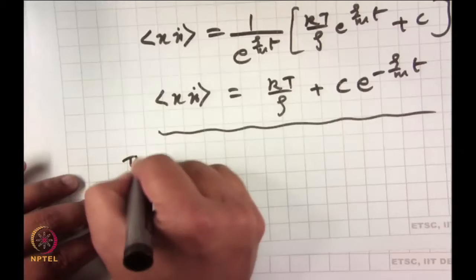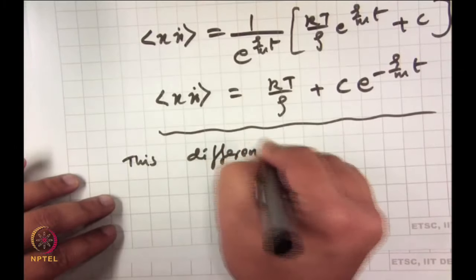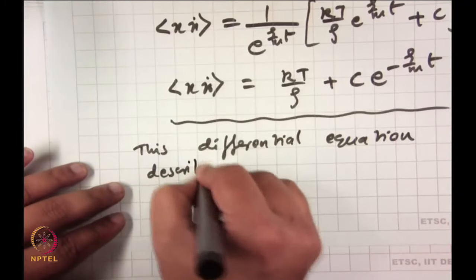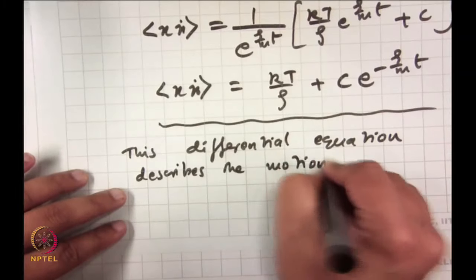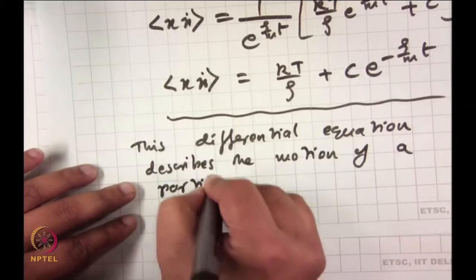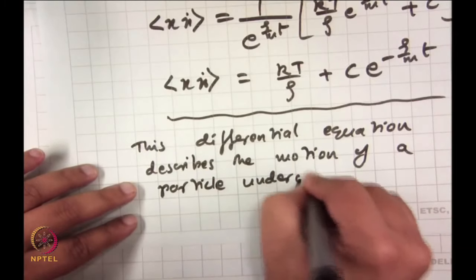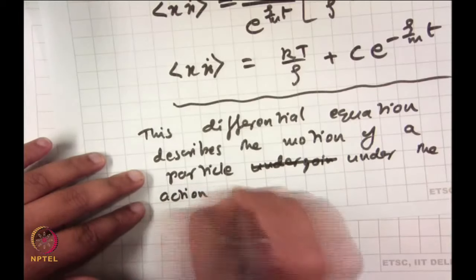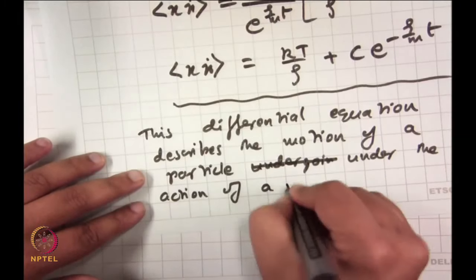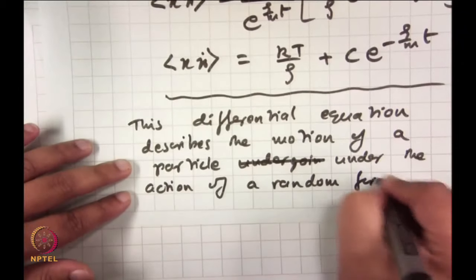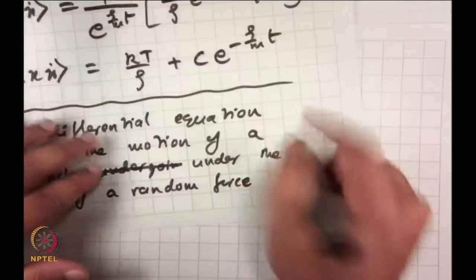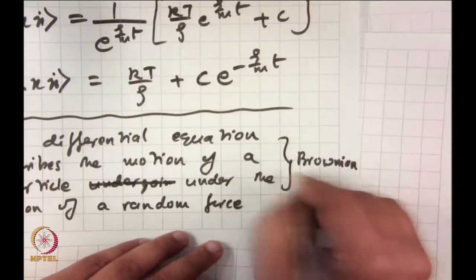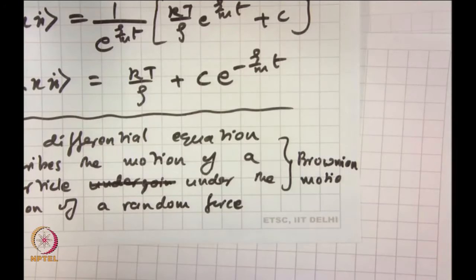So, this differential equation describes the motion of a particle under the action of a random force, which in effect is the Brownian motion. So, this is typically the differential equation you solve.